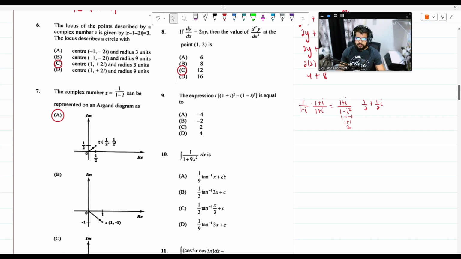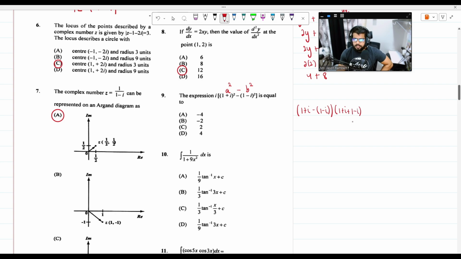The expression is equal to, well, I could rub this off. Alright, so this is a difference of two squares inside of here, right? This is a squared minus b squared. It's going to be (a minus b), 1 plus i take away 1 minus i, into (a plus b), 1 plus i plus 1 minus i.